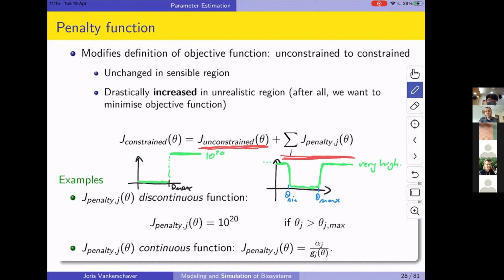And that is good. It's a very simple prescription, but the disadvantage is that it's discontinuous, and that can sometimes give you a problem numerically, because you basically have a penalty that you don't feel until you hit the wall of theta max, and then all of a sudden it's 10 to the 20.